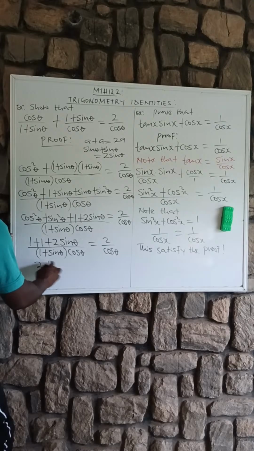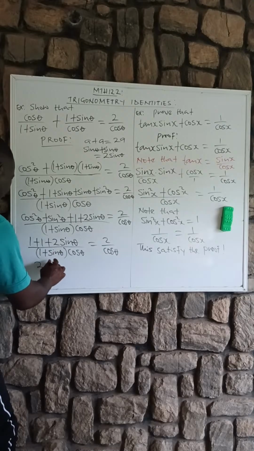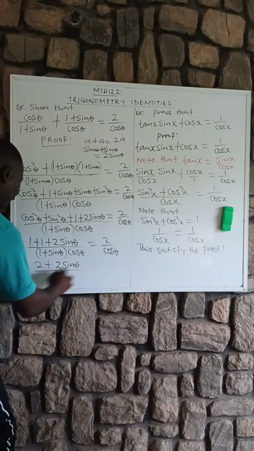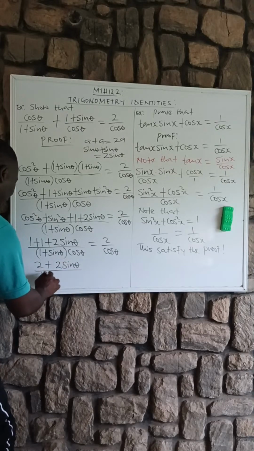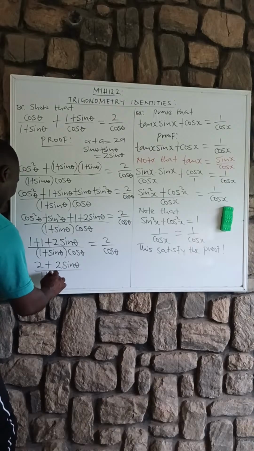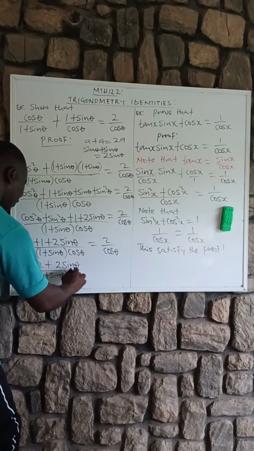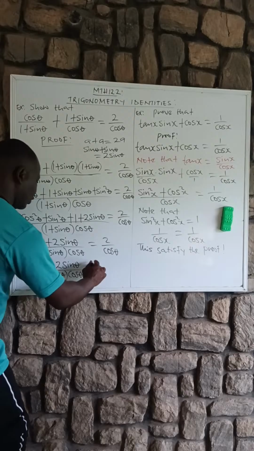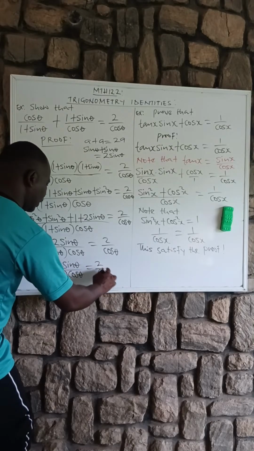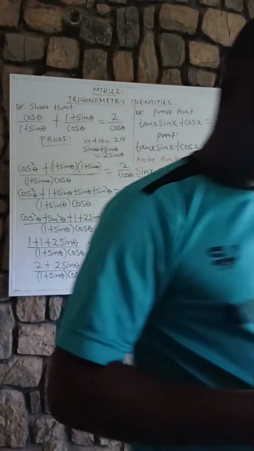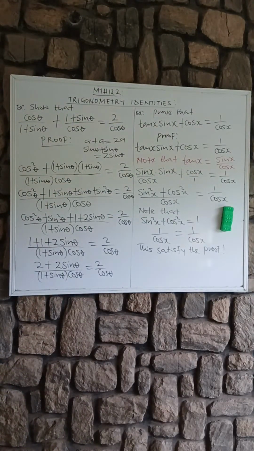So 2 plus 2 sin theta all over 1 plus sin theta times cos theta equals to 2 all over cos theta. Do you agree with me? Look at the board, everybody. You agree with me, right?